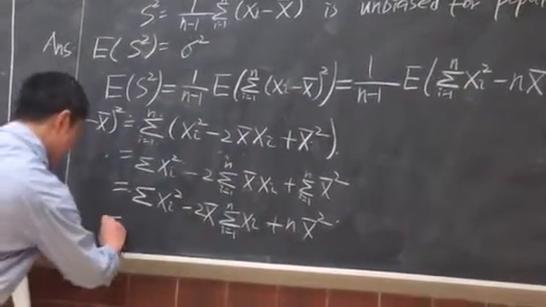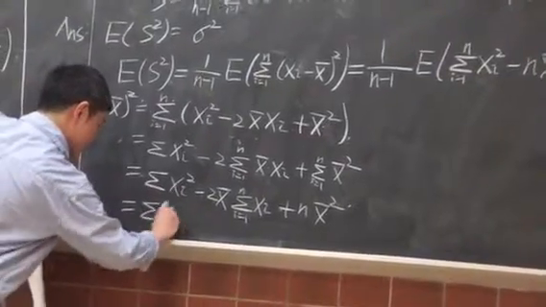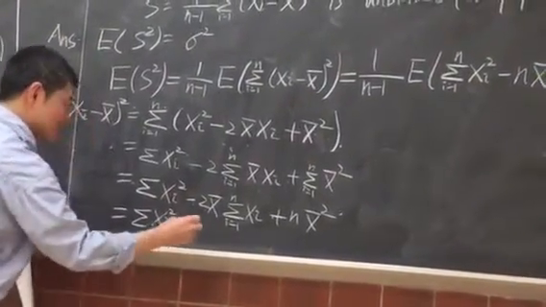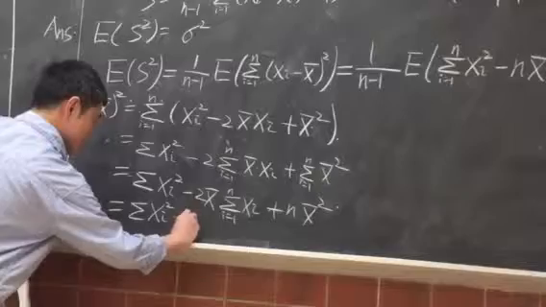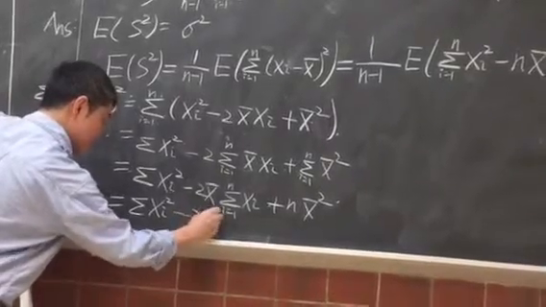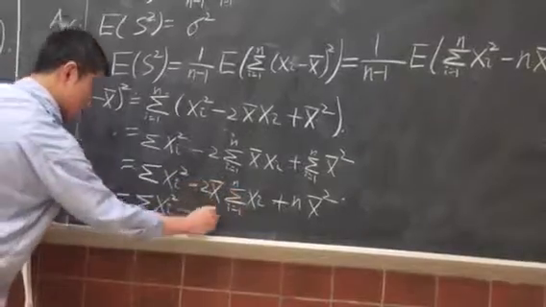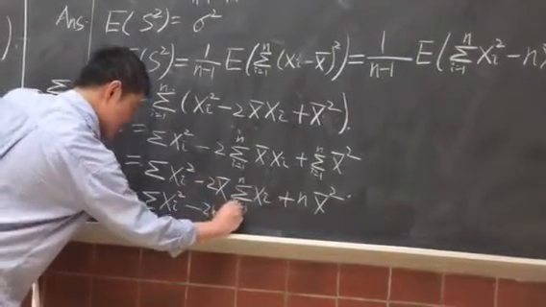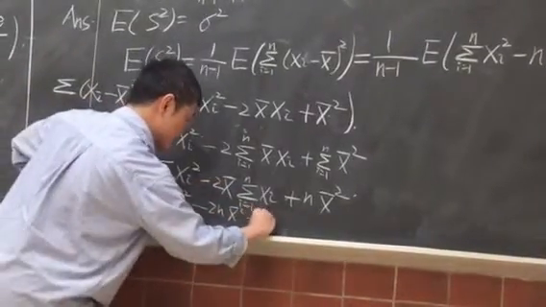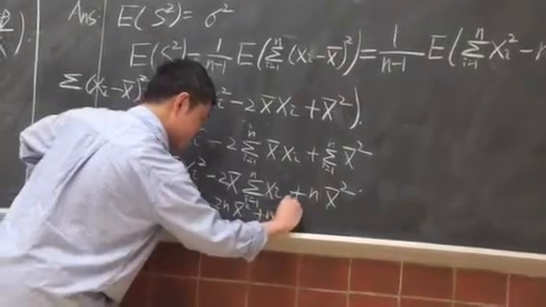Okay. So I have summation of xi squared minus 2n x bar times x bar, so it is x bar squared, plus n times x bar squared. Okay.